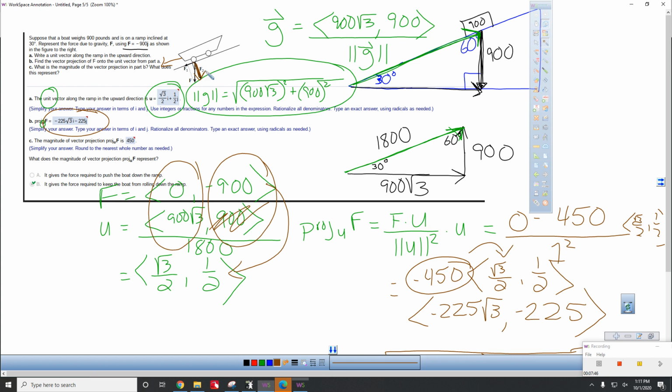So that gravitational weight, part of it is wanting to slide down and the other part is pushing against the ramp, and that helps us figure out lots of stuff. I hope that helps, Sam. So what does that tell us? It tells us the force required to stop the boat from rolling down the ramp.